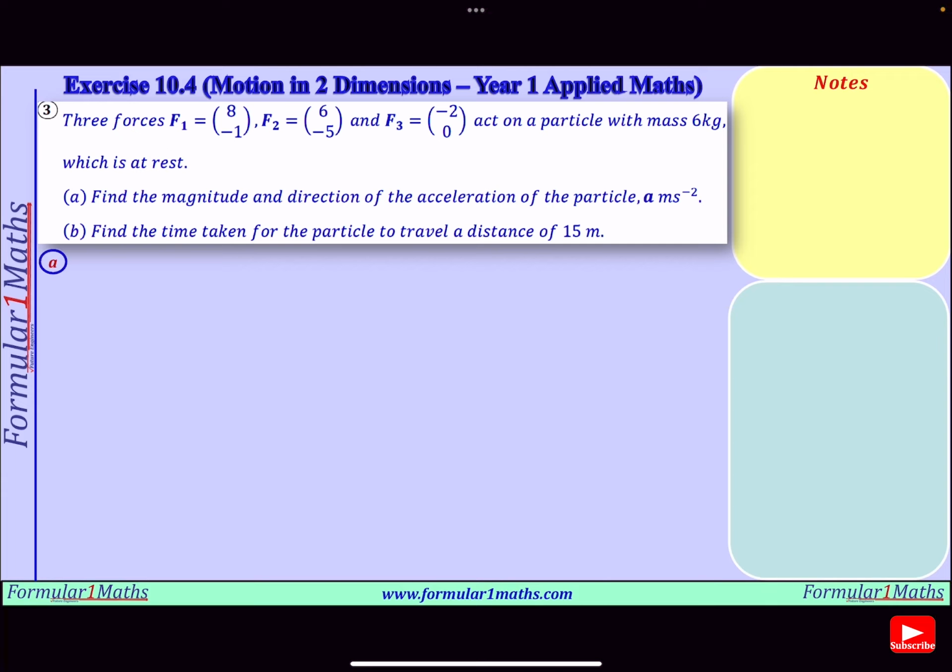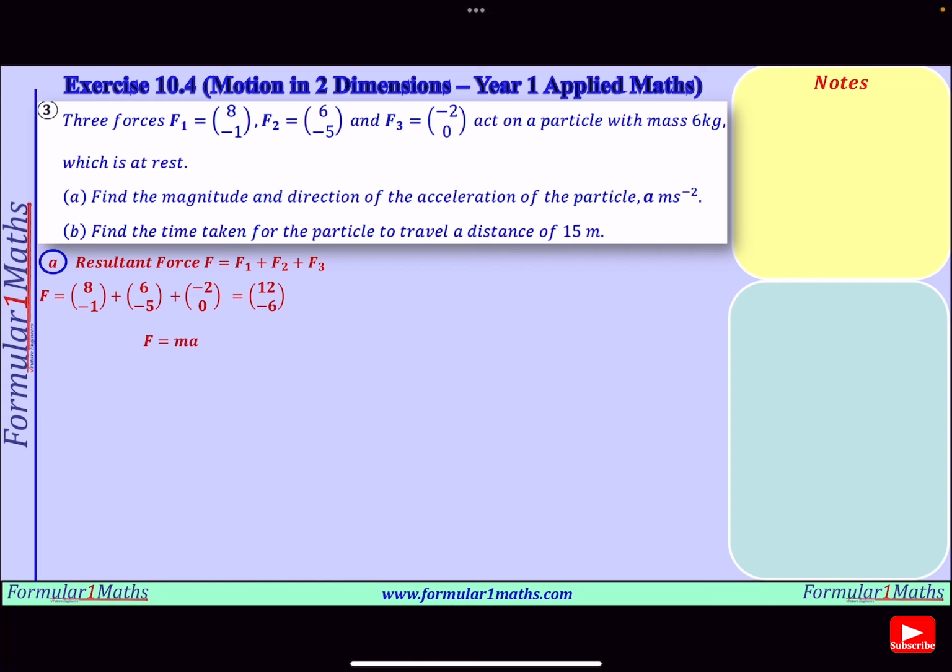So for A, the resultant force acting on this particle will be F1 plus F2 plus F3. And so we get this. And this will therefore be equal to 12i minus 6j. We can now use Newton's second law, which says that F equals ma, where F is the resultant force acting on the particle, m the mass of the particle, and a the acceleration.